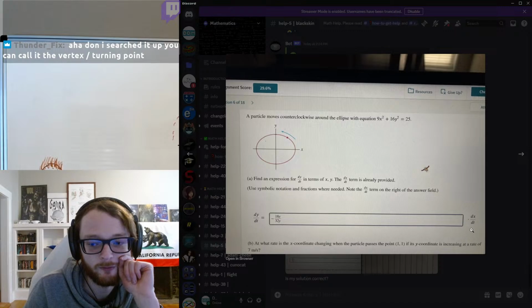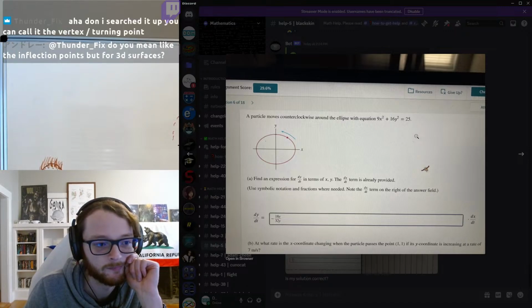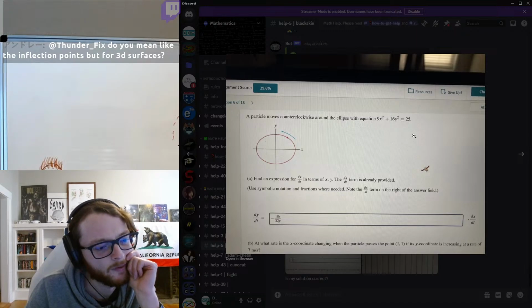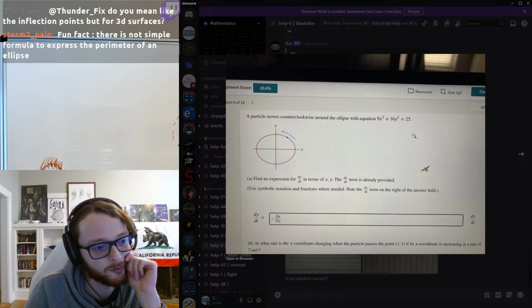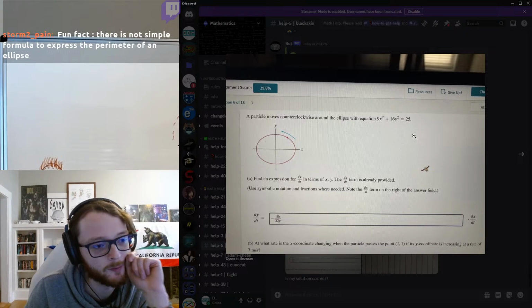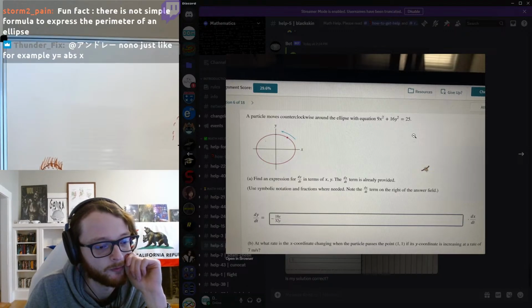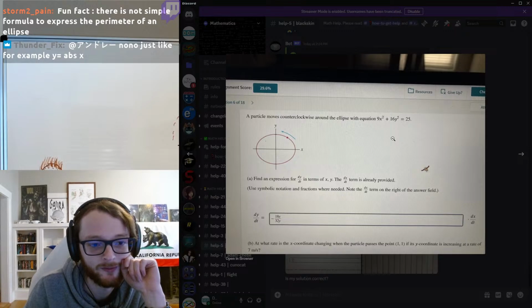Why does dy dt involve dx by dt at all? And I think thunder just means for two-dimensional parabola versus an absolute value, like the minimum or the maximum, depending on which way it opens. Oh yeah, Storm. I've encountered that it's actually kind of hard to get the perimeter of an ellipse.